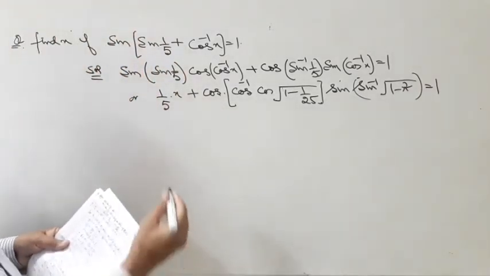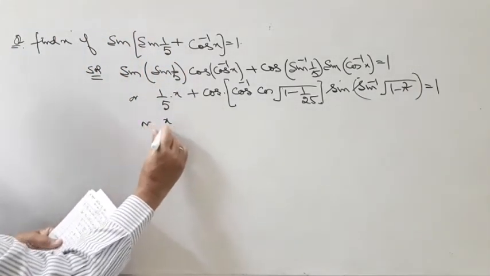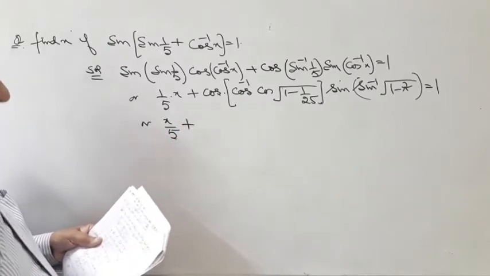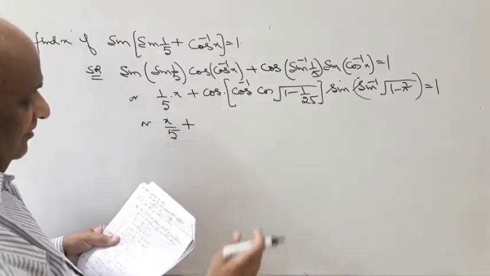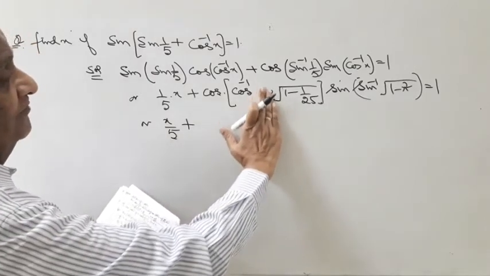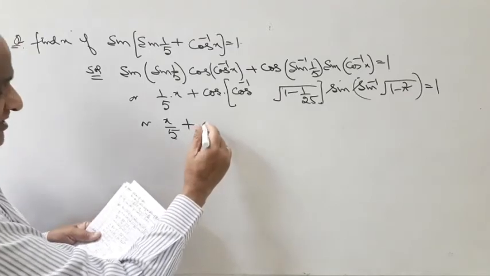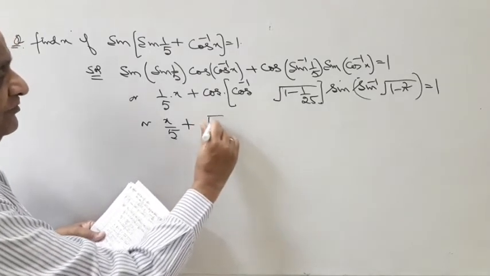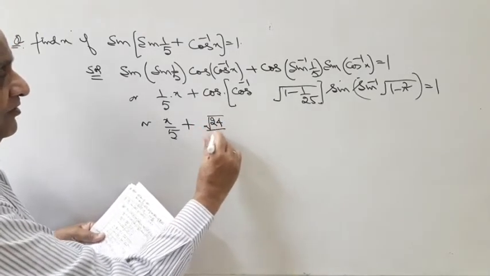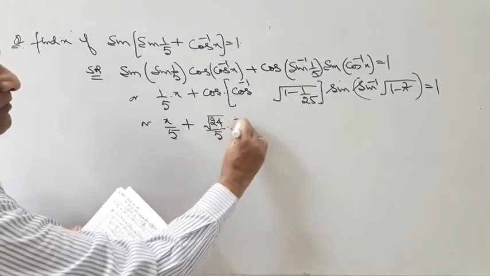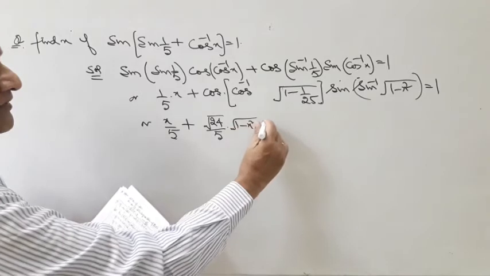Or we get x upon 5 plus, see, correction here, cos of cos inverse becomes just under root of 24 upon 5 into under root of 1 minus x square is equal to 1.